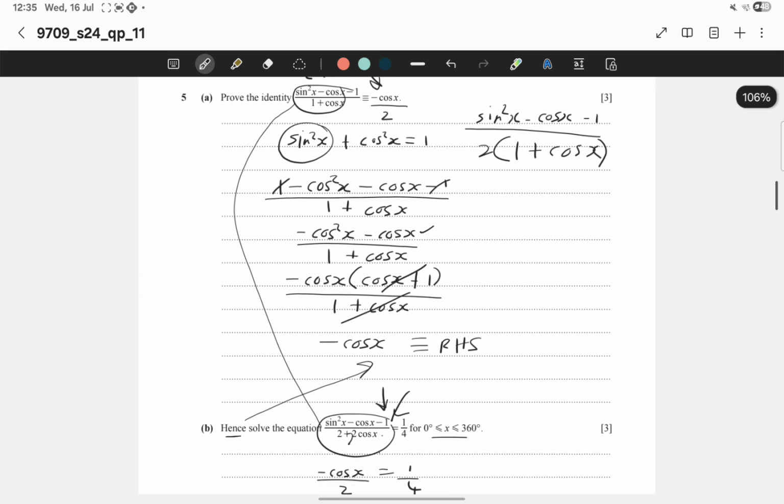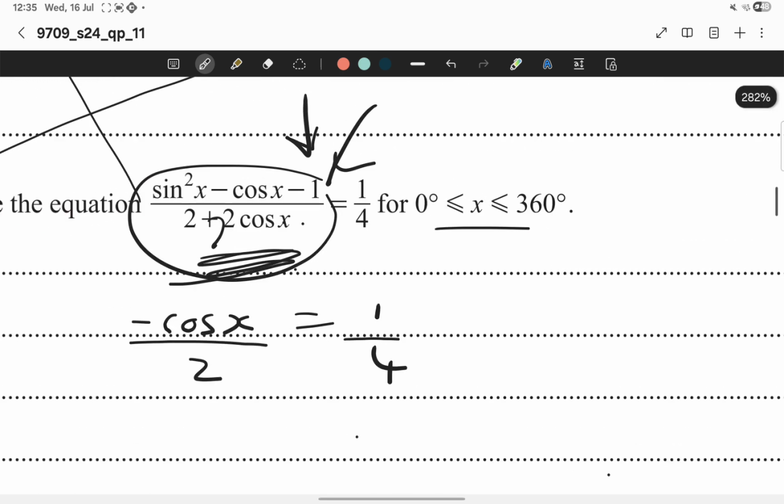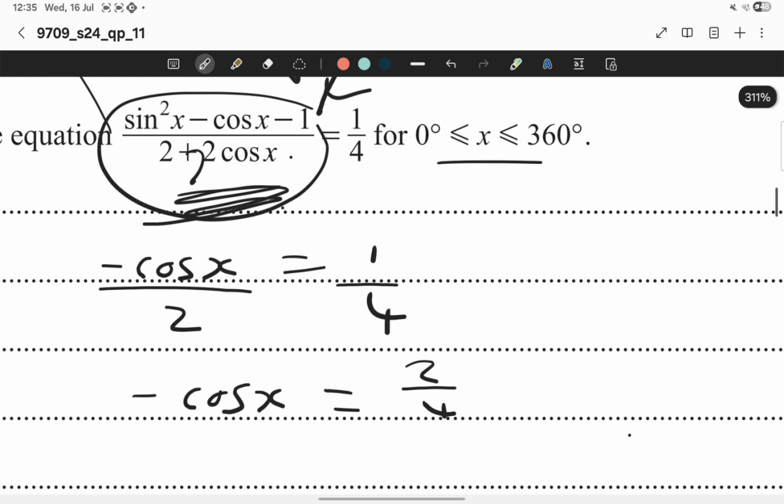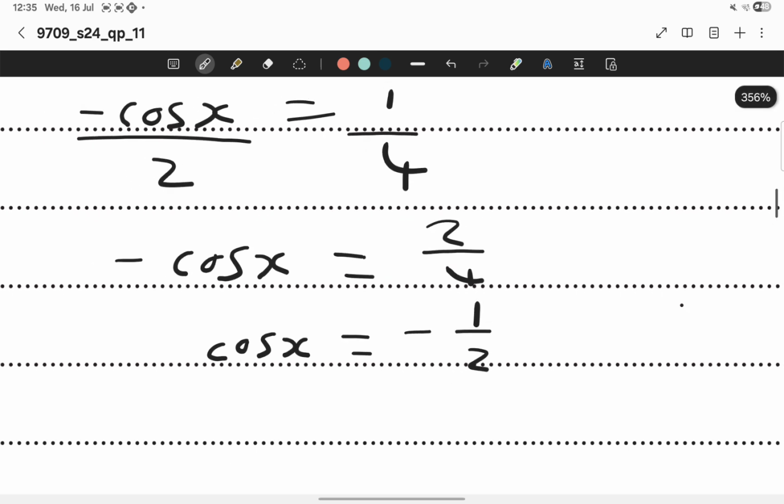They wanted us to realize that this is just this divided by 2. So if we divide this by 2, we also divide the other side by 2. Minus cos x divided by 2 is equal to that. And for this, we say cos x is equal to 2 over 4, which is as good as half, and cos x is equal to minus half when we divide both sides by minus 1.